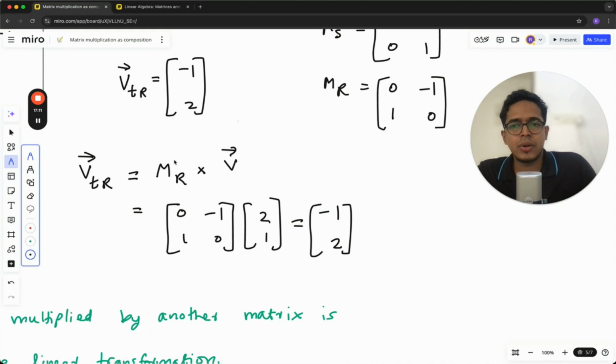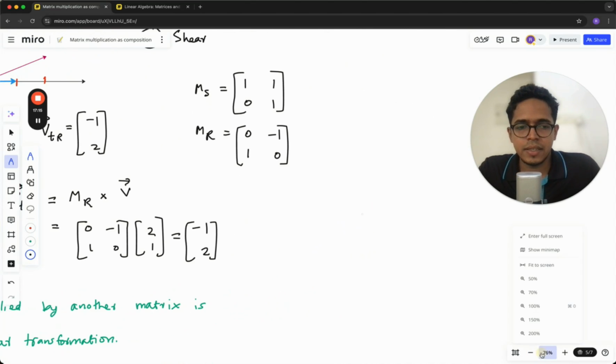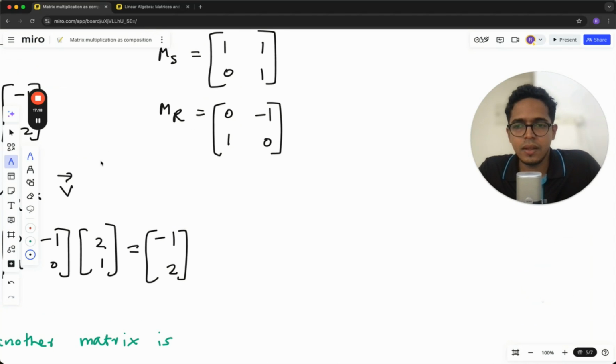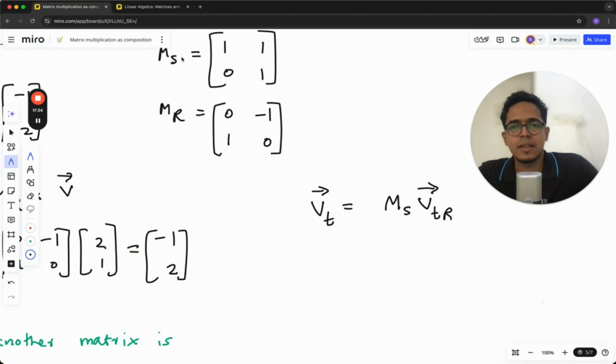Now, what if we want to shear this vector? It's simply the final transformed vector is nothing but whatever we have after rotation transformation. On top of this, we will multiply with the shear matrix.